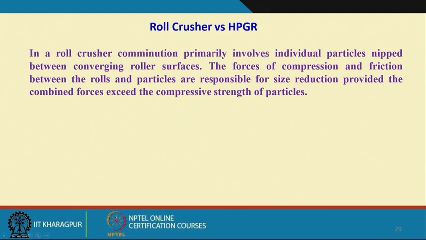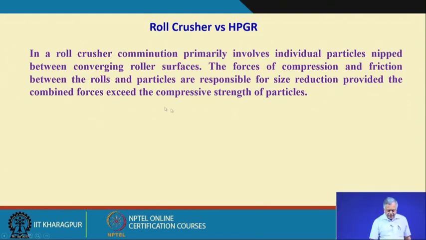The forces of compression and friction between the rolls and particles are responsible for size reduction, provided the combined forces exceed the compressive strength of particles, because when the particles have to be broken, your external forces should be more than the compressive strength of the particles, otherwise it will not break.